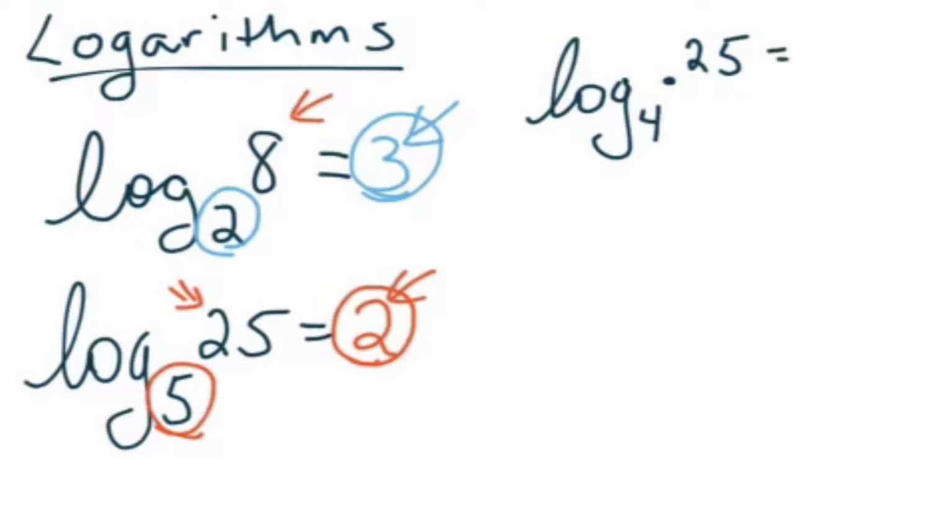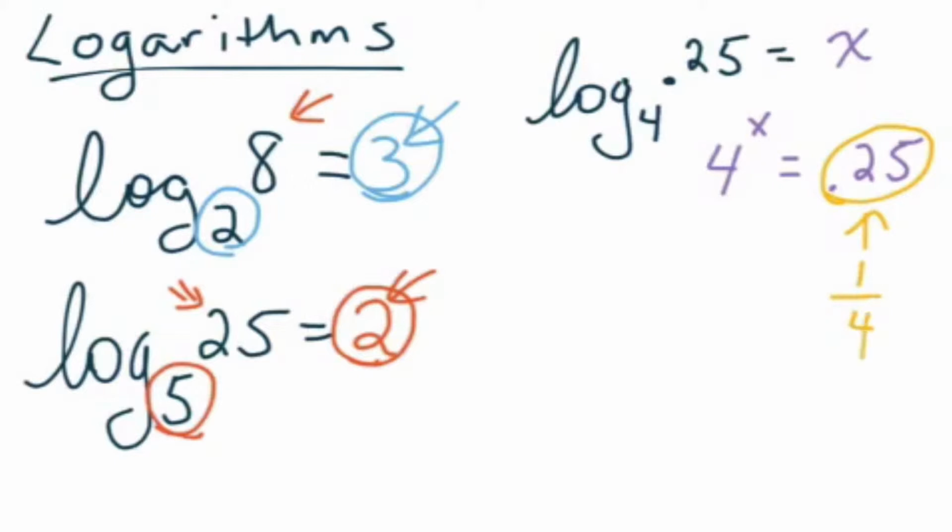Us math people, we don't really like to say point, but we understand that is the common language out there. Anyway, if I say to myself, 4 to what power gives me 25 hundredths, also known as 0.25? Well, 0.25 is 1/4. So 4 to what power gives me 1/4?